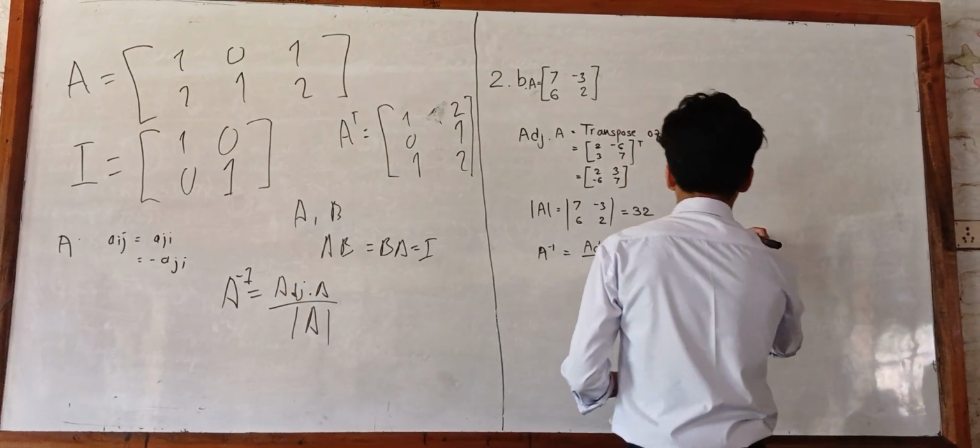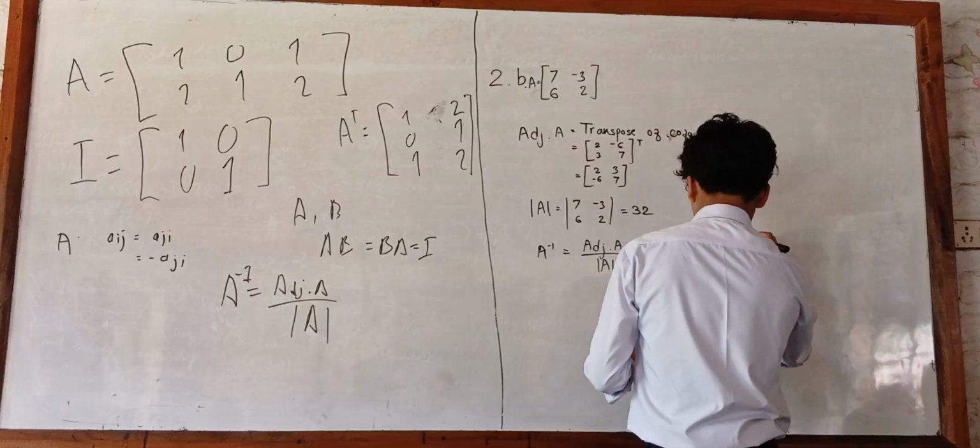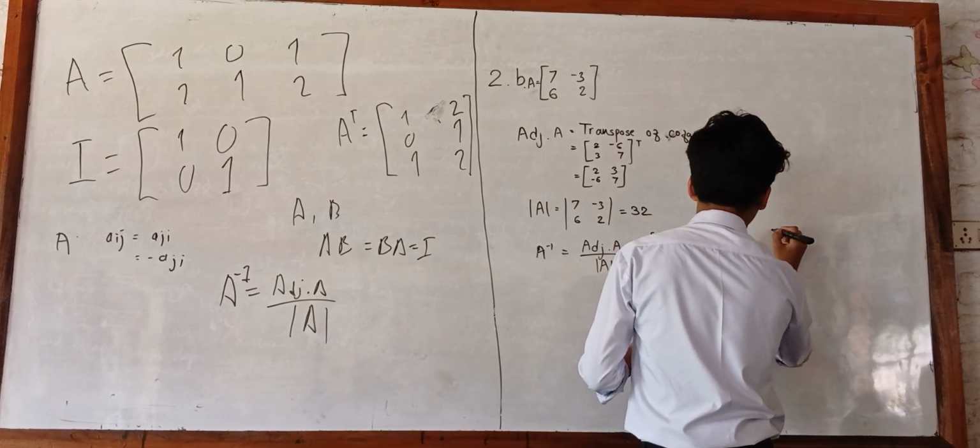After dividing, we get the matrix as 16.